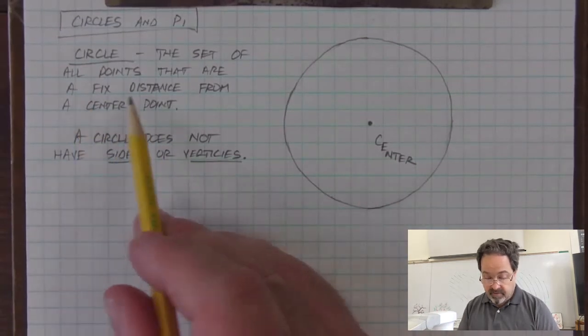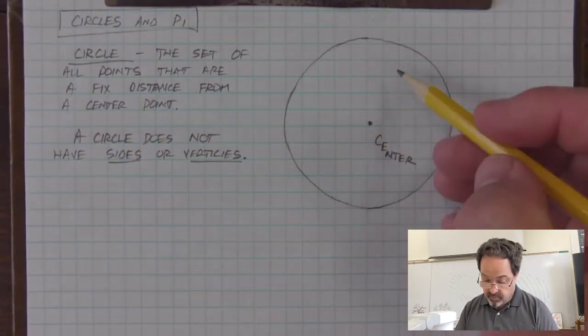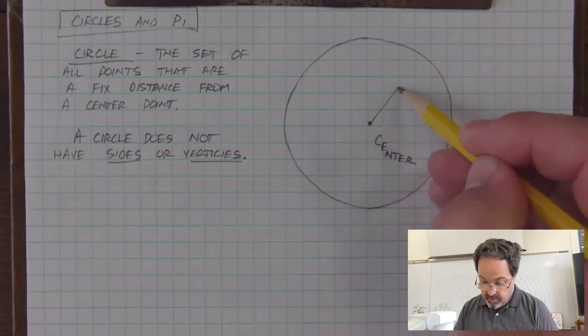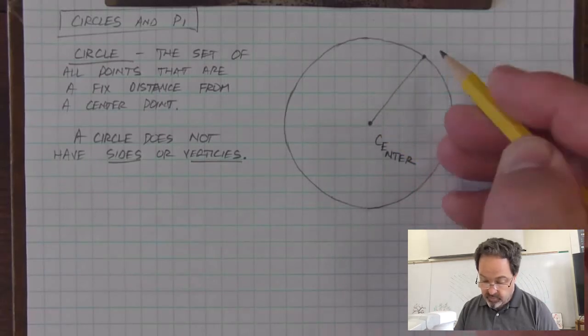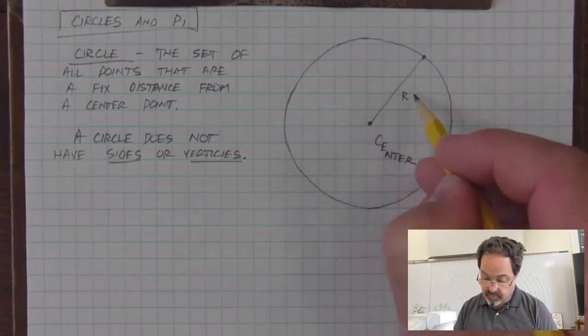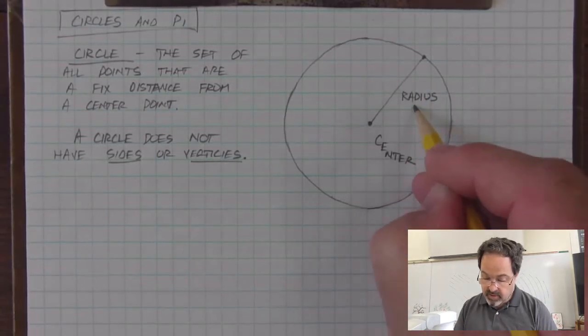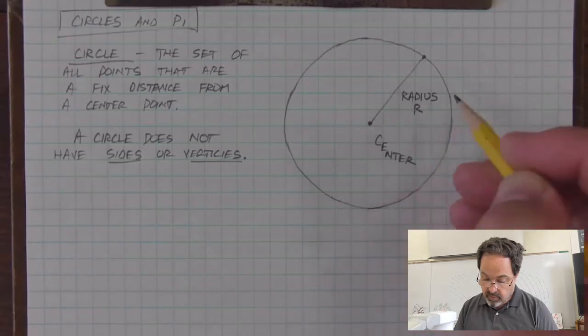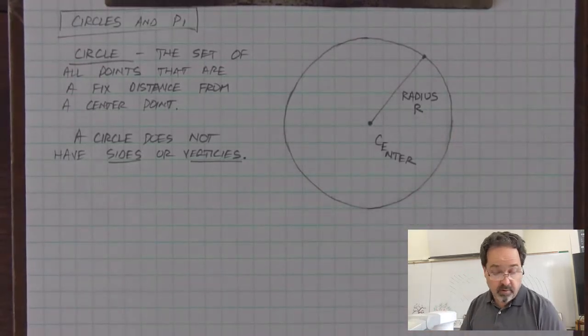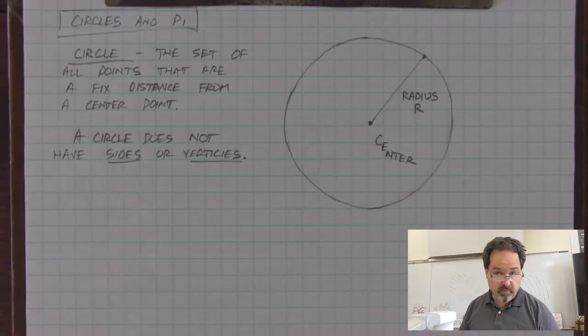The fixed distance from the center to any point on the edge, we have a special name for that fixed distance. We call it the circle's radius. And a radius is often abbreviated with the letter R. We use the measure of the circle's radius a lot in our calculations and formulas.